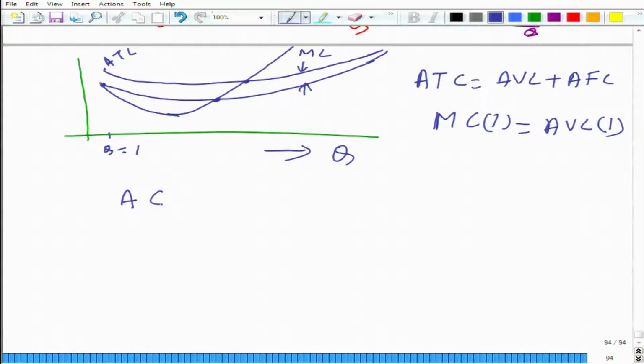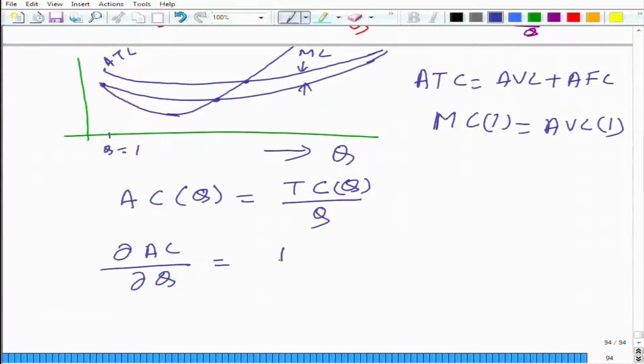This is the average cost curve, equal to total cost divided by Q. If you differentiate the average cost with respect to quantity, what do we get?